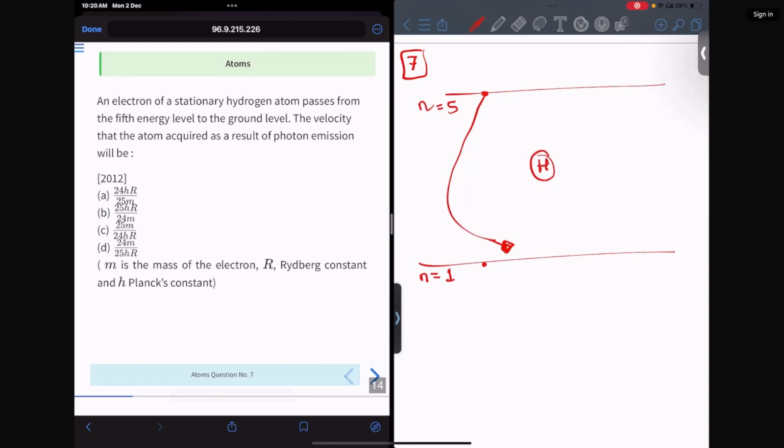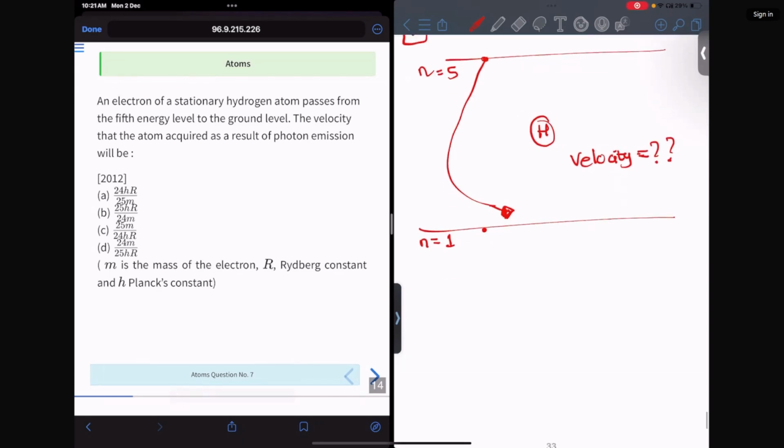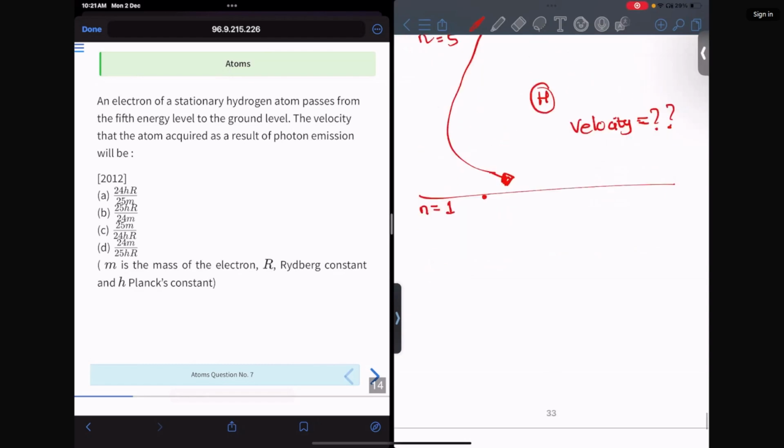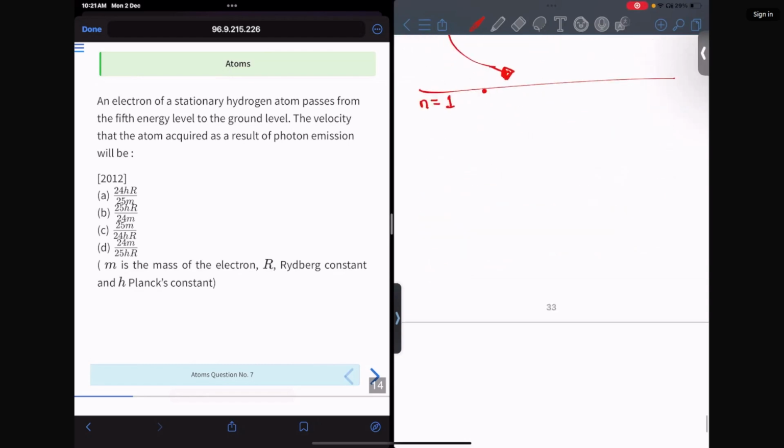An electron moved from n equal to 5 to n equal to 1. What will be the velocity of the electron which has been emitted? So how will you calculate the velocity? See, again, whatever formulas you know, first you write.